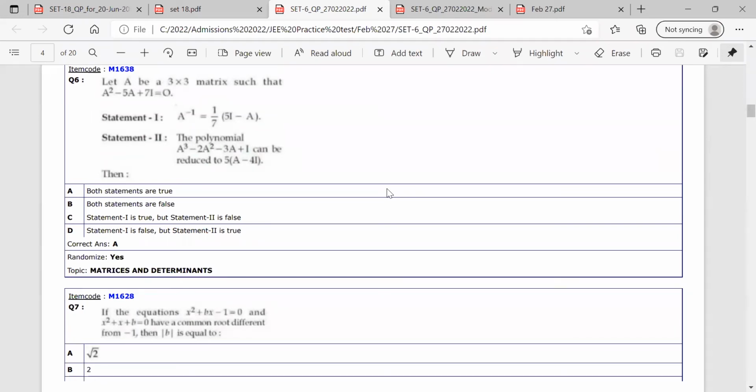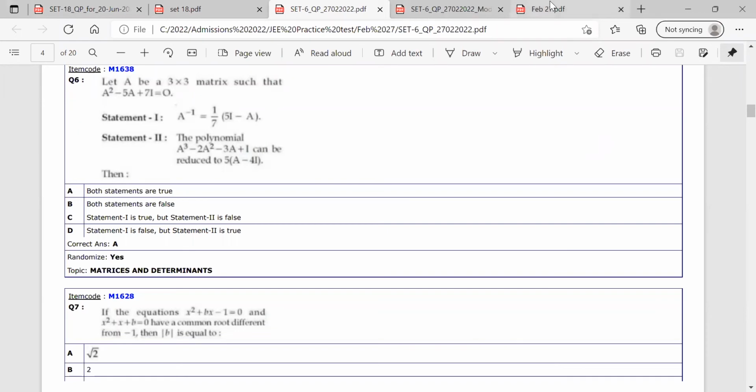Then statement 1 is given as A inverse equal to 1 by 7 (5I minus A). And statement 2 is given as the polynomial A cube minus 2A square minus 3A plus I can be reduced to 5A minus 4I. So we have two statements and we have to find out which of these two statements are correct.